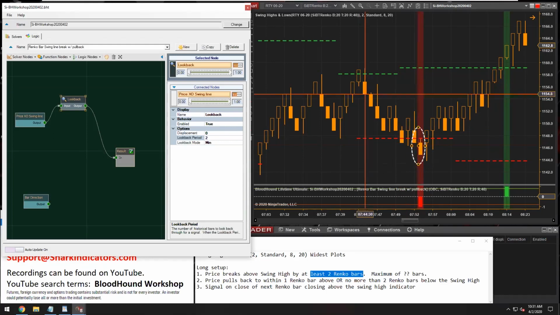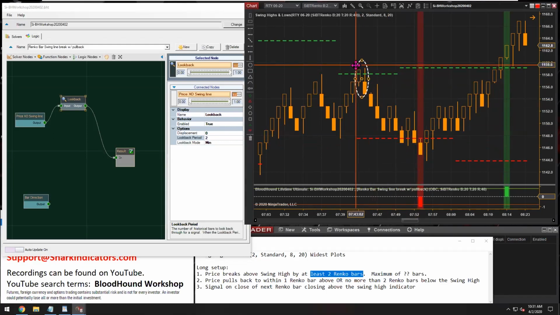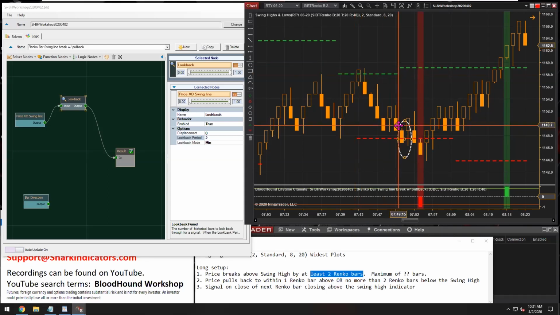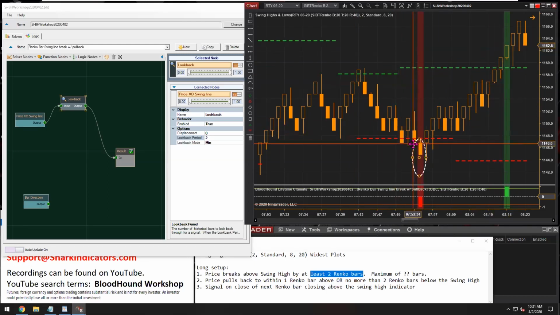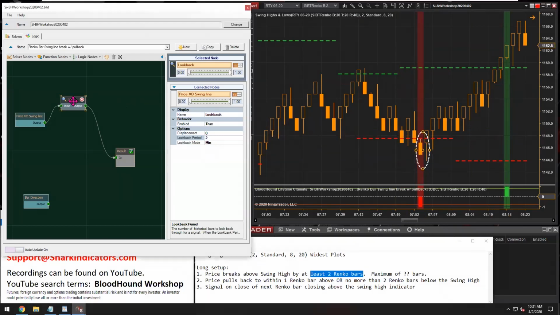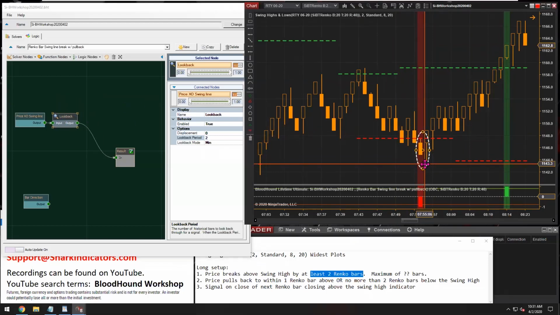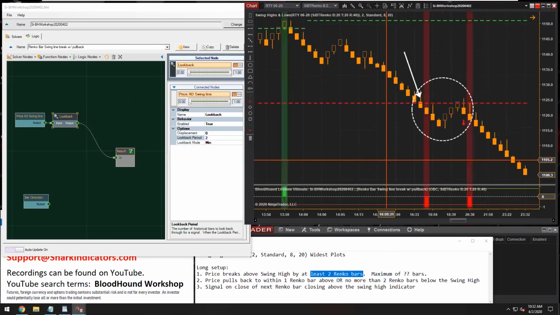So the look back node is blocking the single crossover signal here and the single crossover signal here. And we can see it works here and here whenever there's 2 bars. Okay, so there's that part for us.